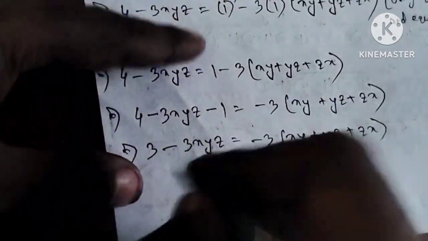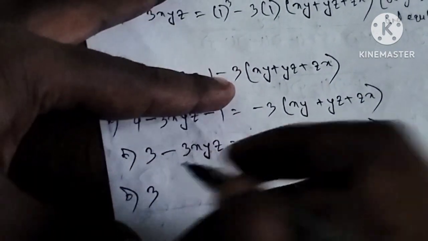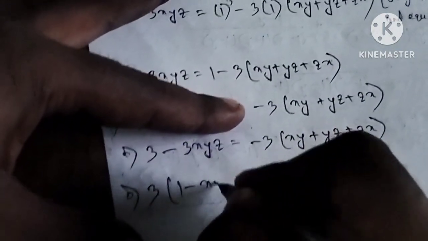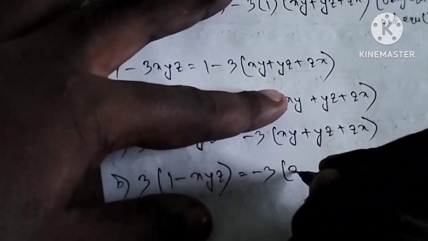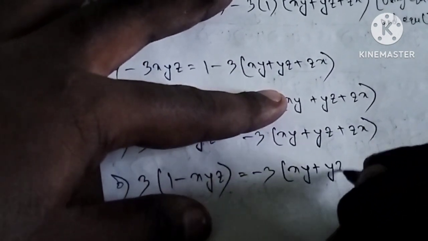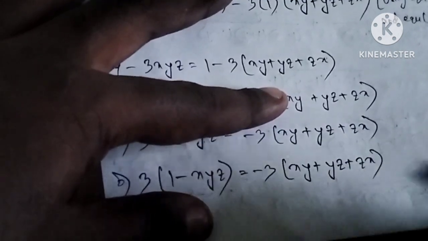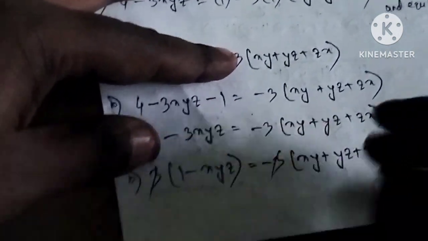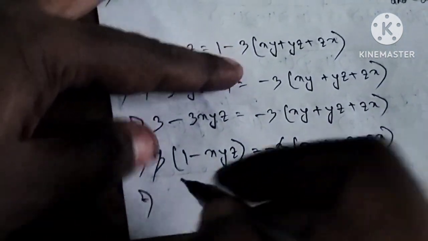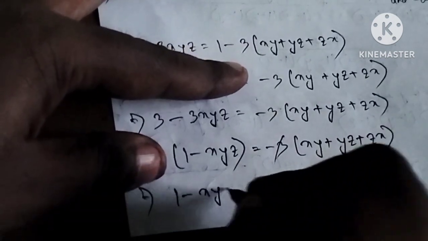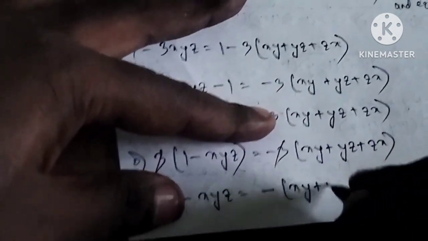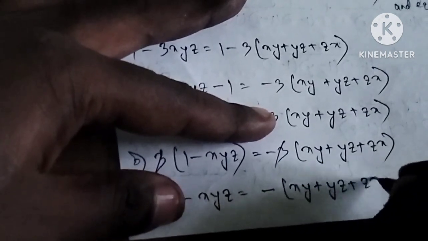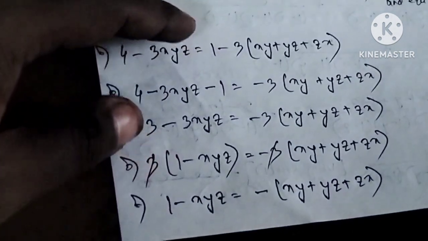Clear? So here I can take 3 common. 3 into 1 minus xyz is equal to minus 3 into xy plus yz plus zx. So 3 will cancel each other. So it will be 1 minus xyz is equal to minus xy plus yz plus zx. Okay.